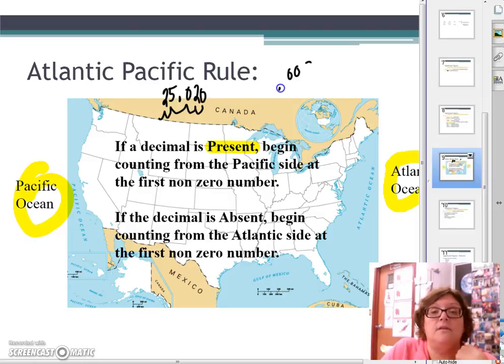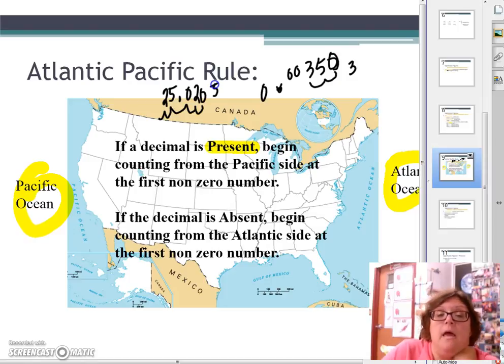If I had this number, I have a decimal present. I start counting from the left at the first non-zero. Does this one count? No, it's a 0. Does this one count? No. This one does not either. But 3, 5, and then that 0, and that's supposed to be 0, not a 6, does count. So this guy has 3 significant digits. This guy has 5.